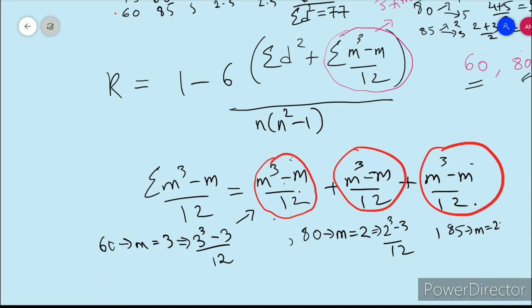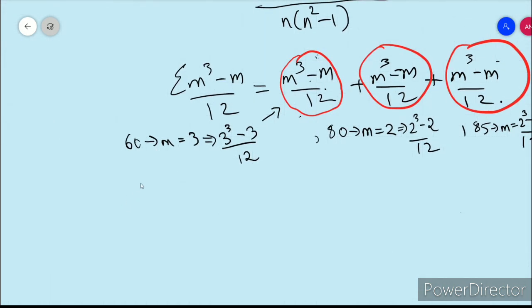Sorry, this part here should be 2 because your m is 2. This part, 2 to the power 3 minus 2 divided by 12. Remember, we can write in any order, it doesn't matter, it's all the same, which means that you can start off with 80 also, or start off with 85, then move to 80 and then 60. It doesn't matter, it's up to you.